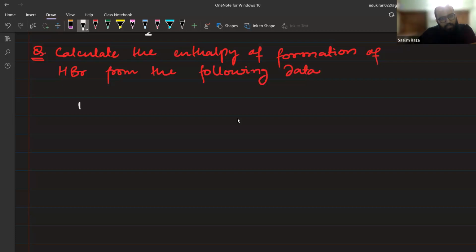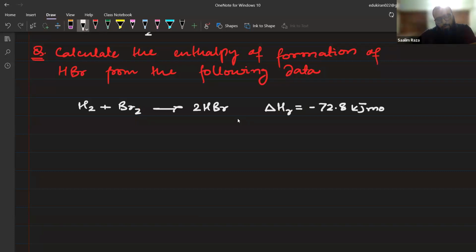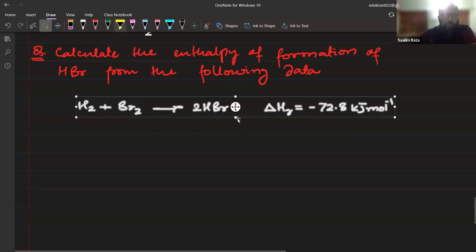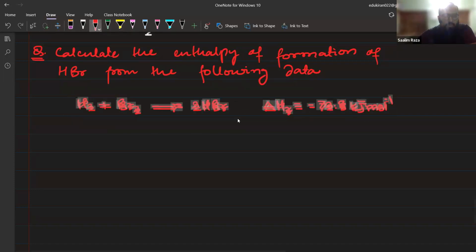They have given a reaction H2 plus Br2. It gives you 2HBr. This particular reaction has an enthalpy of reaction. It is given as minus 72.8 kilojoule per mole.